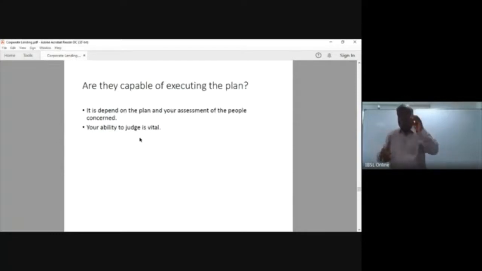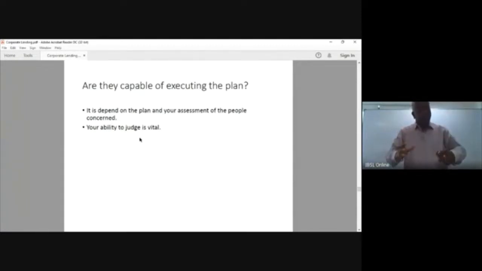And then whether they have a succession plan. When something happens to the chief man, the next man has to take over, and only then will the company go on.